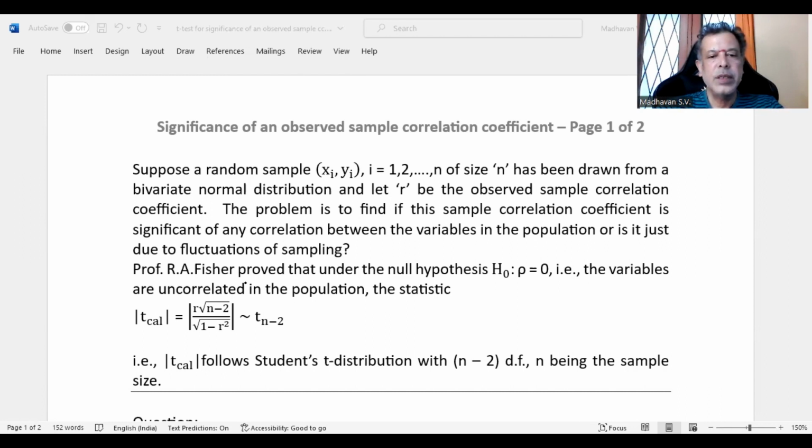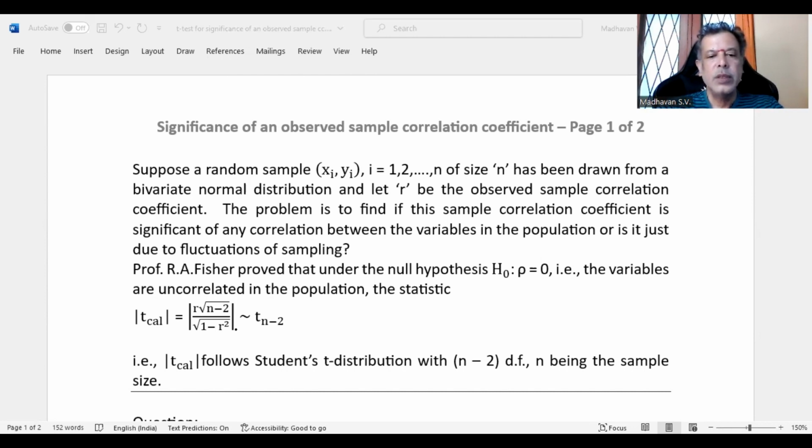Professor R.A. Fisher proved that under the null hypothesis H naught, which is rho equal to 0, where rho is the population correlation coefficient, meaning the variables are uncorrelated in the population, the statistic to be used is the modulus of t calculated, which is r times square root of n minus 2 divided by square root of 1 minus r square.